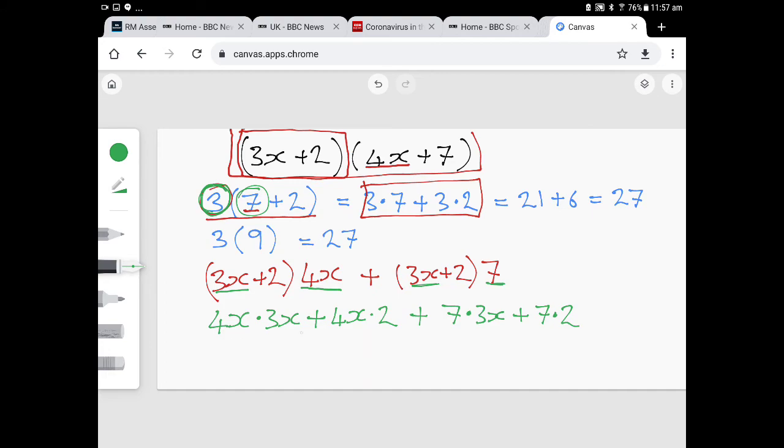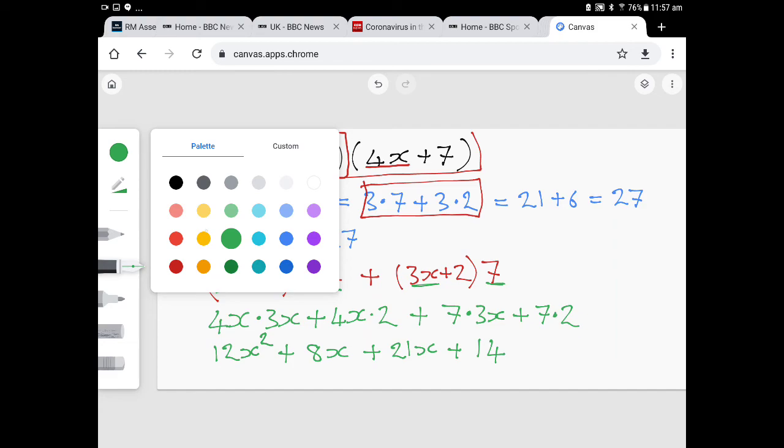Now what I've got is some multiplications which I can do. 4x times 3x is 12x squared plus 4x times 2, that's 8x, plus 7 times 3x is 21x, plus 7 times 2, that is 14.